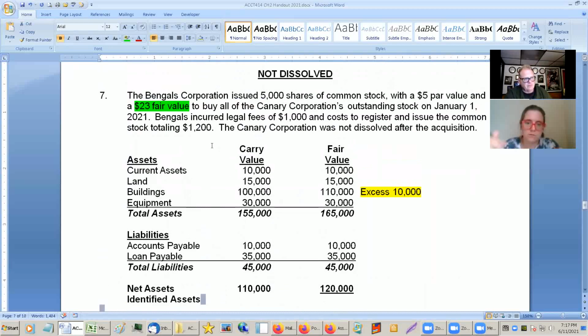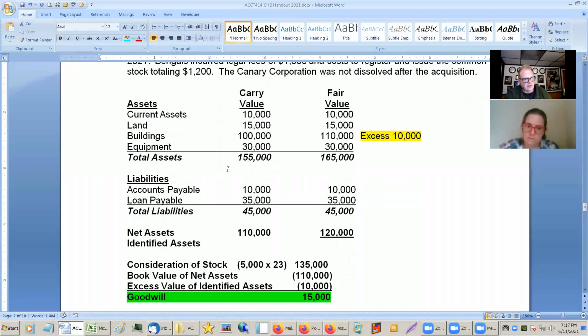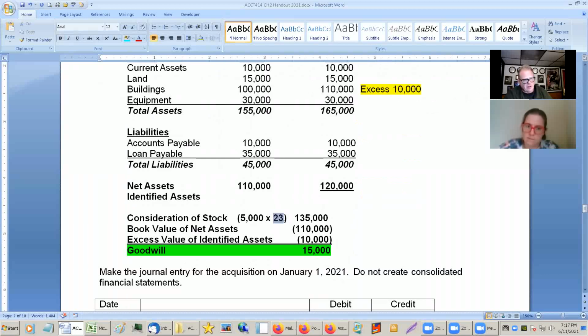Let me make this one blue. Okay, so this is the 23. Well, 115, right? I think you told me it was 115. Yeah, 115.